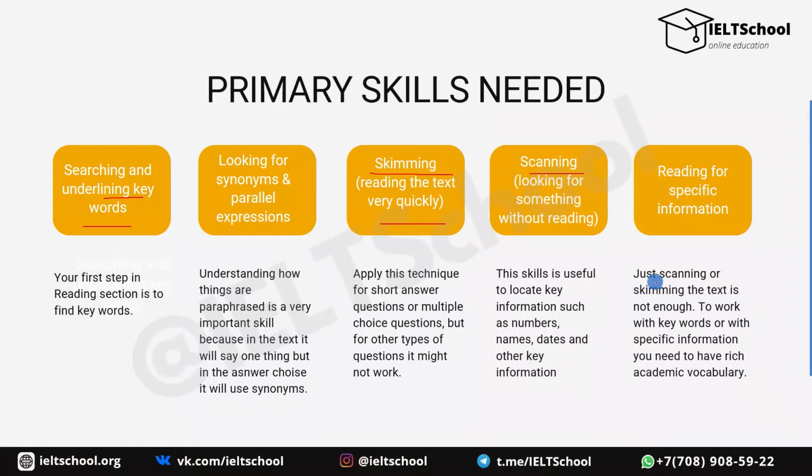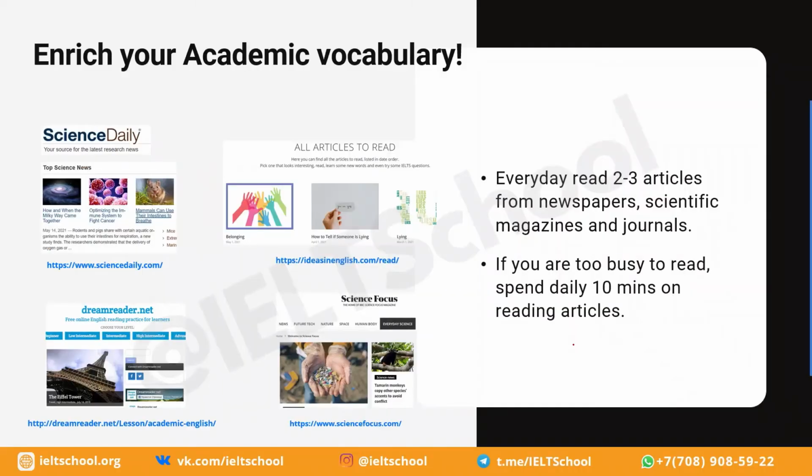So just scanning or skimming the text is not enough. To work with keywords and to find specific information, you need to have rich academic vocabulary. So how can you enrich your academic vocabulary? By reading everyday articles, like 2 or 3 articles from newspapers or scientific magazines or journals.